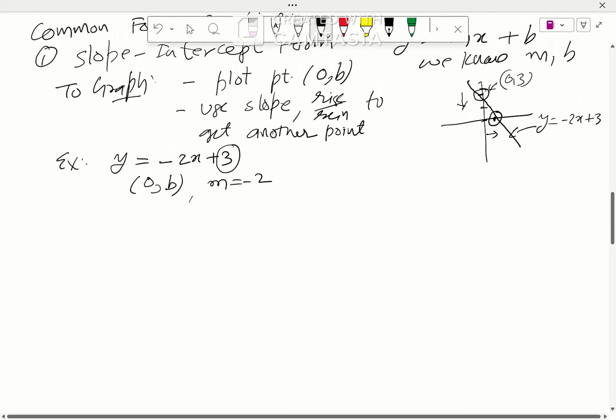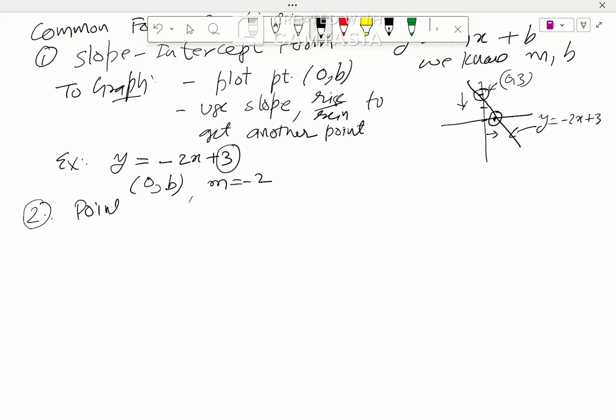Now the second type of line form is the point slope form. In this, the slope is known, and it is also known that the line passes through a given point x1 comma y1.